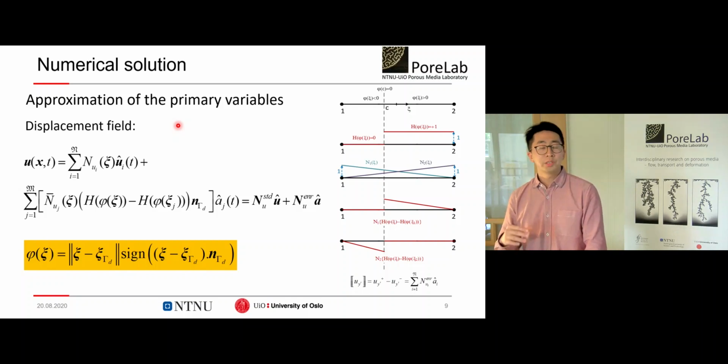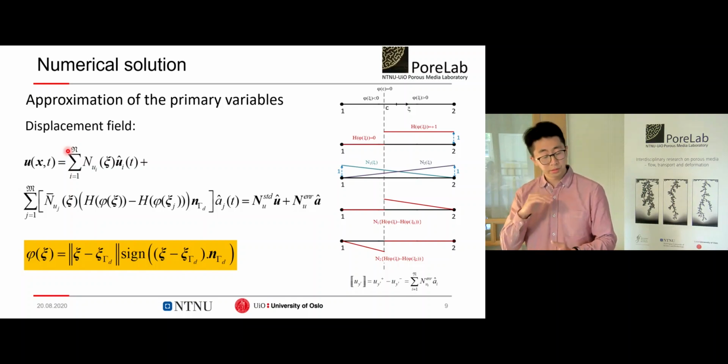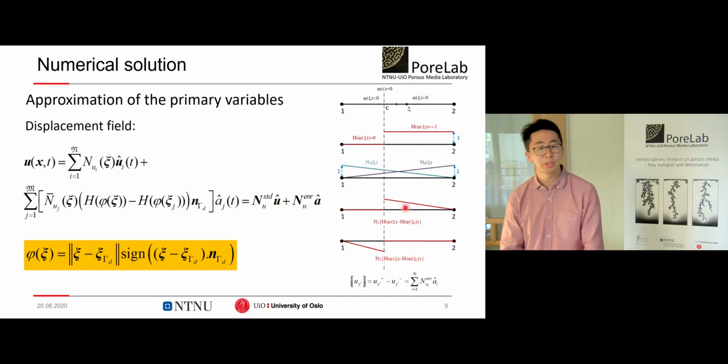In order to discretize this integral, we need to approximate these three primary variables. Here, the first one is the displacement field. Ice lens growth requires the displacement field to be discontinuous on the interface of the ice lenses. So here we use this shifted Heaviside function in the enrichment function, and the last two figures are for this enrichment function.